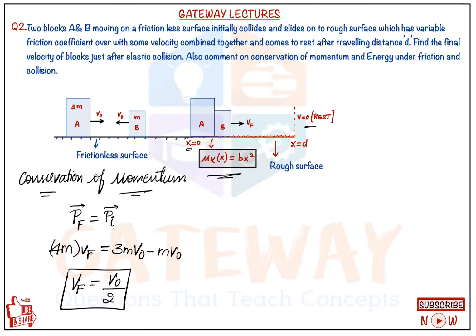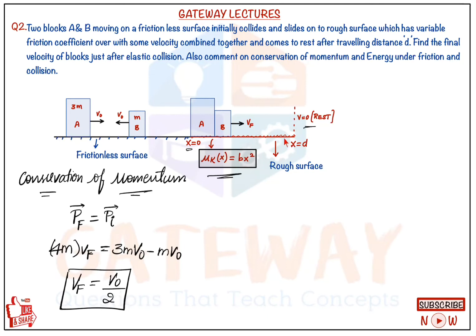But on a rough plane, even if there is some friction, we cannot apply conservation of momentum. Once it enters the rough plane, we can't apply conservation of momentum, but we can apply conservation of energy, because they start with some kinetic energy and end with zero velocity, meaning zero kinetic energy. So where does this complete kinetic energy go?